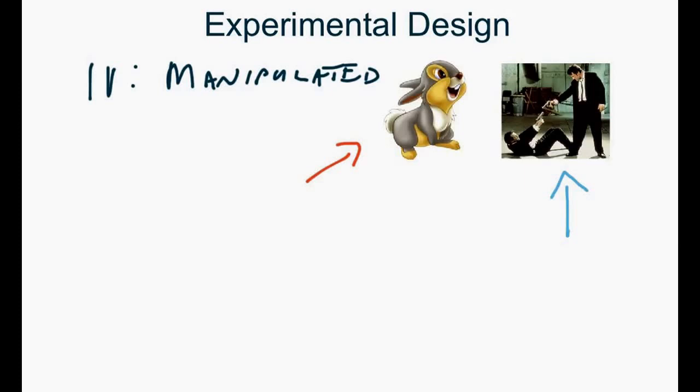The other variable in an experiment is the dependent variable. The dependent variable is always what the researcher is measuring. It's what's measured in the experiment. So once again, in my video experiment, I show one group of kids a non-violent movie, another group of kids a violent movie. That's my IV manipulation.